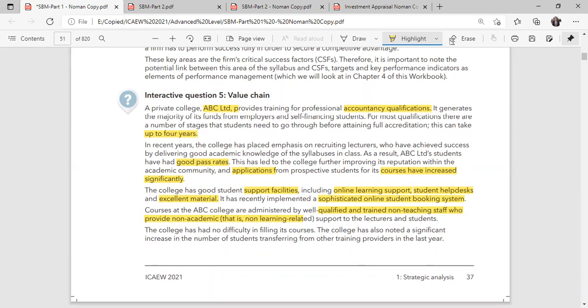These two are not specifically interlinked, but conceptually, if it is a scenario in the exam, first we need to list down all primary and support activities, and then from those identify which are value drivers. I just want to understand if I'm right about the concept.